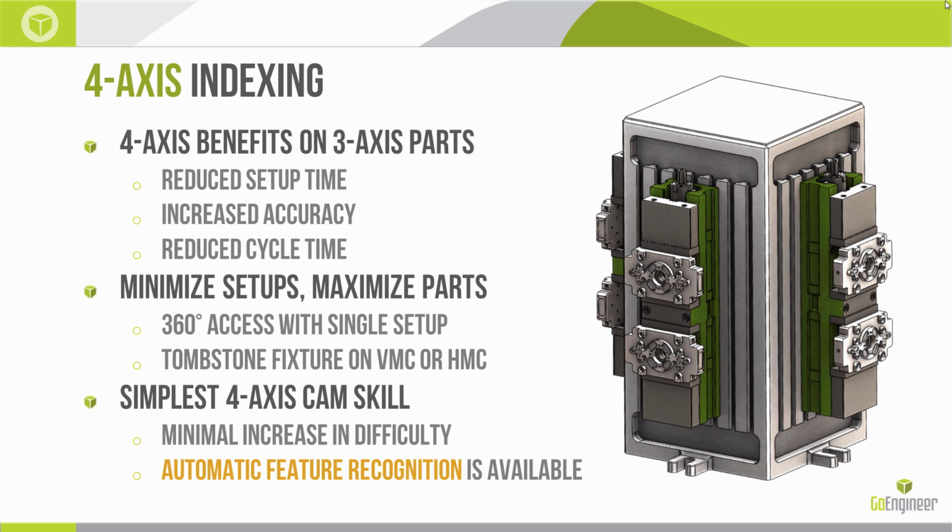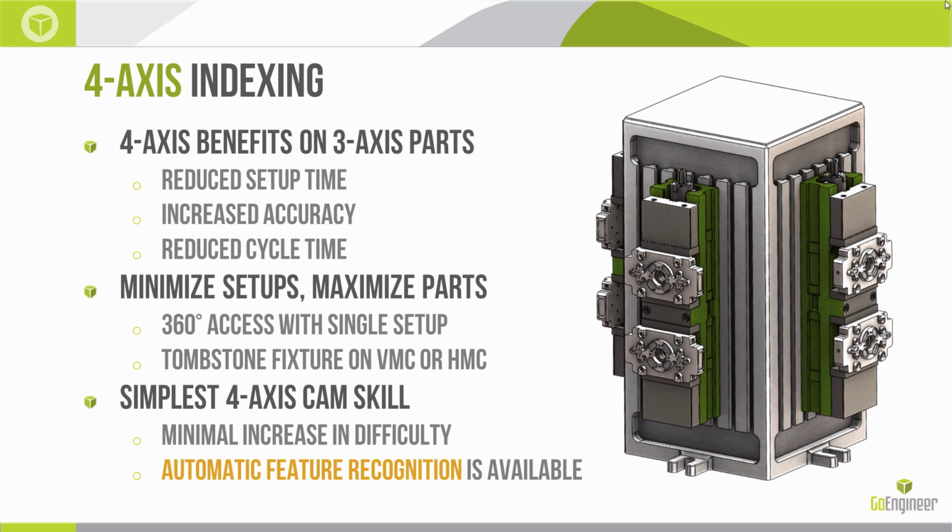Indexing on a fourth axis gives you all the benefits of four-axis on parts that might only have 2.5 or 3-axis features. Some of those benefits are reduced setup time. That reduced setup time is mostly a factor of reducing the number of setups.